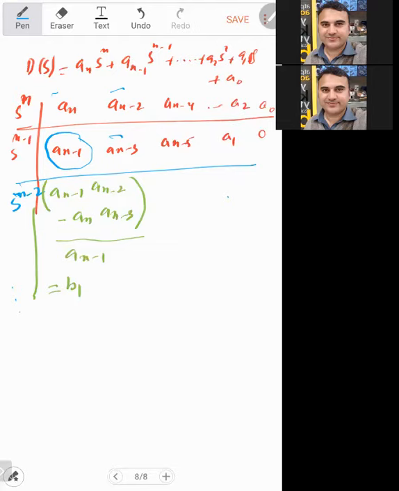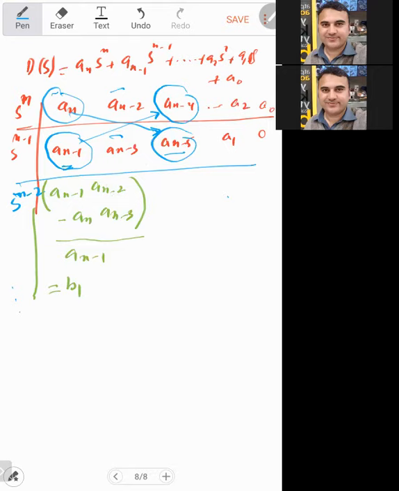Now for the next entry, this will be multiplied with this one and this will be multiplied with this one, and then divided by the same first entry. So it will continue.